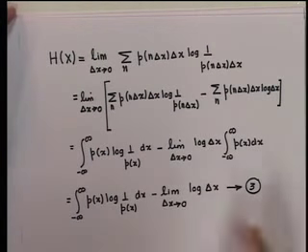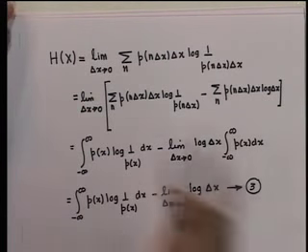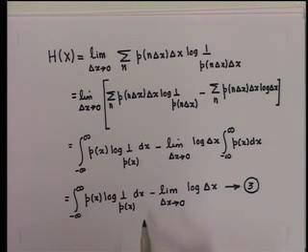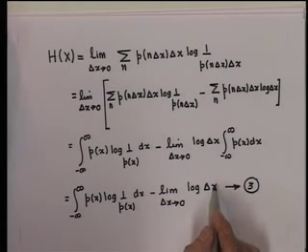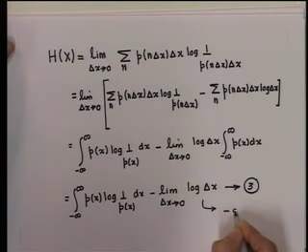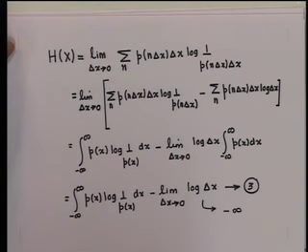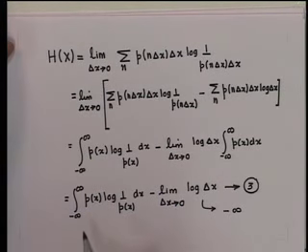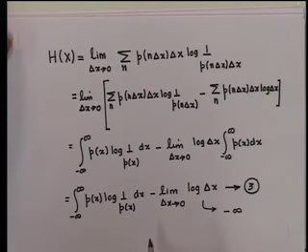So, finally, we get the expression for entropy for a continuous random variable, which is indicated by equation number 3. So, in the limit as delta x tends to 0, log of delta x will tend to minus infinity. So, it appears that the entropy of a continuous random variable is infinite.